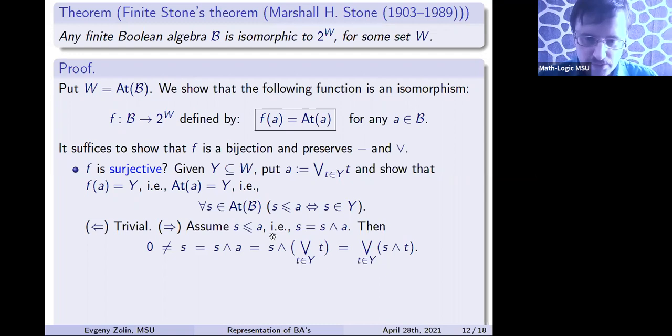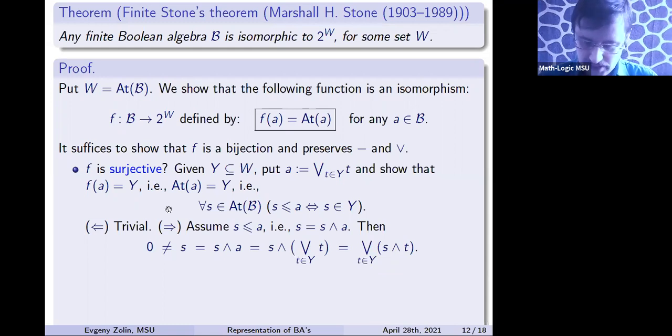And now we use the distributivity axiom. Of course, a generalized distributivity because we have many disjuncts here. So we obtain a big disjunction of elements like this. And we know that this disjunction is non-empty.